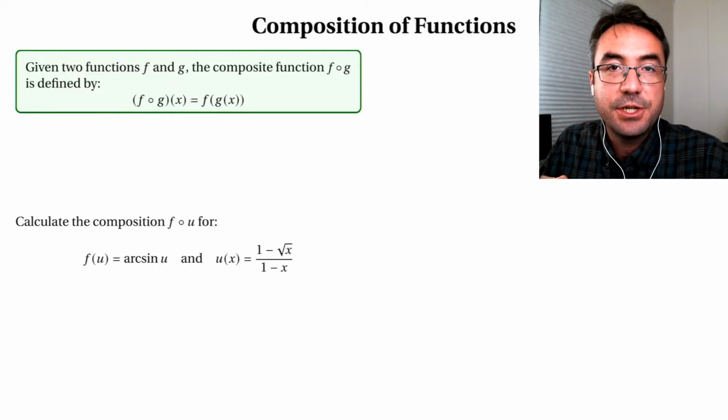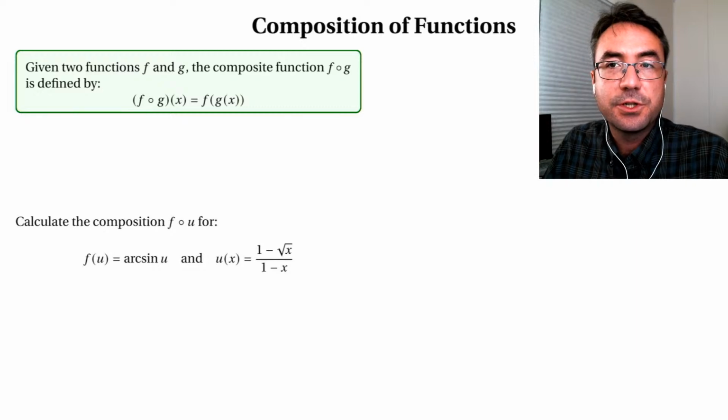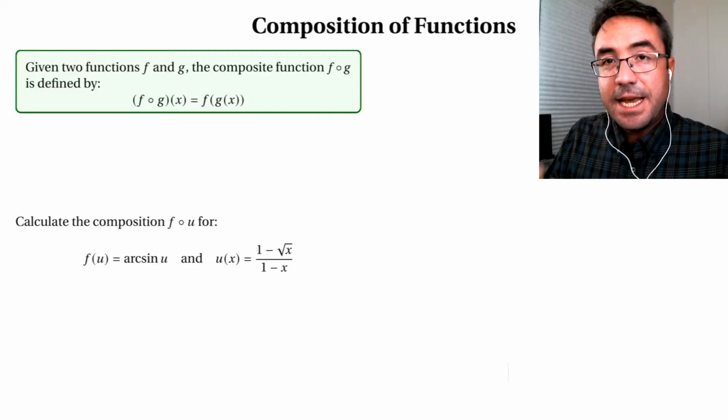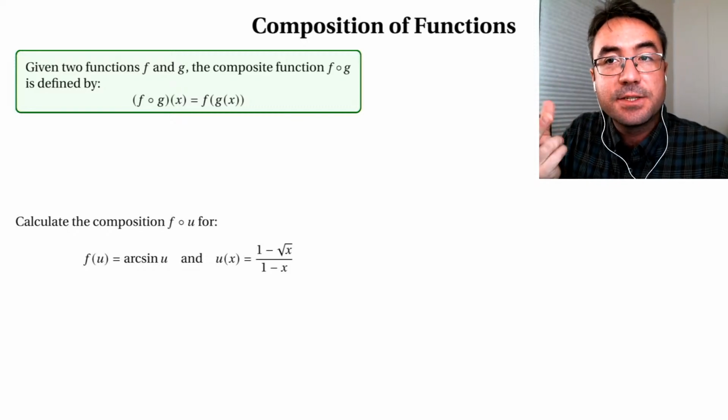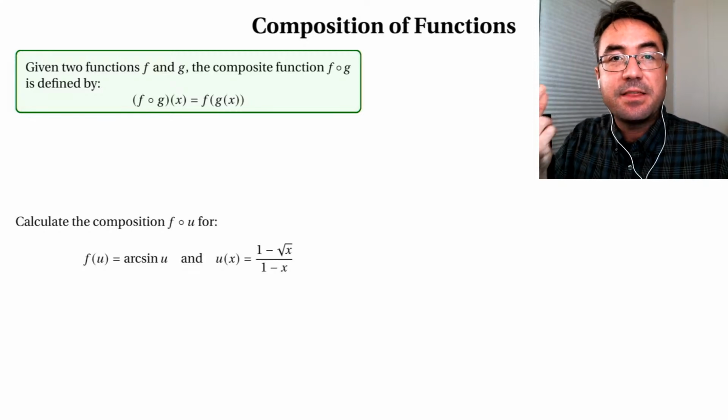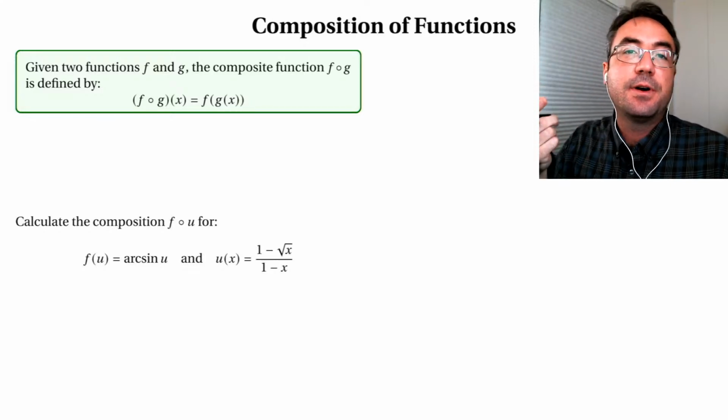We have our definition here. Let's say we have two functions f and g. We can form the composite function f composed with g, and it's defined where we take our input x, plug it into function g first, and then we take that result and plug it into function f.